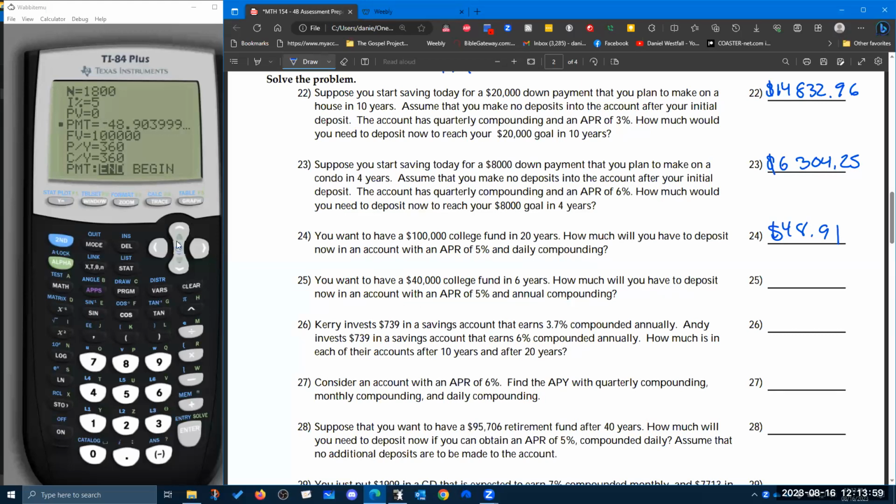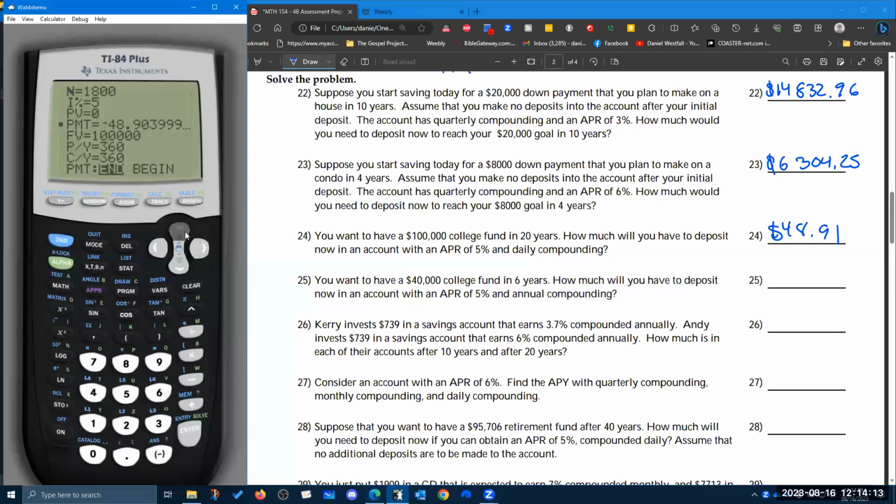If you want to have a $40,000 college fund in 6 years, so it's compounded annually, so there's going to be 6 times, at 5%.